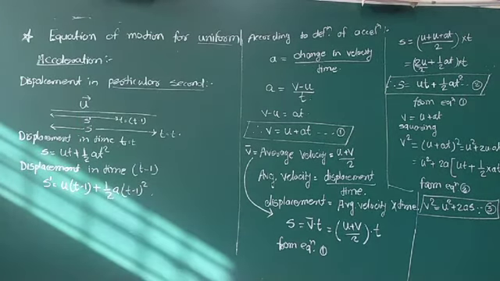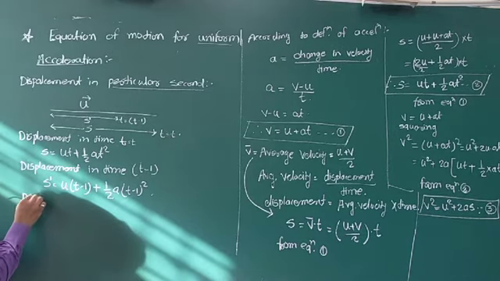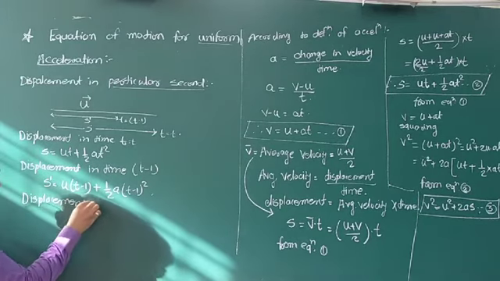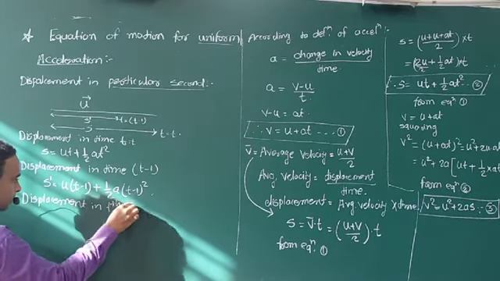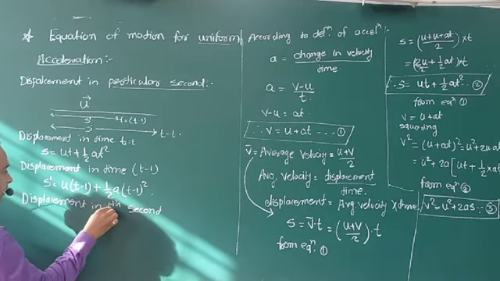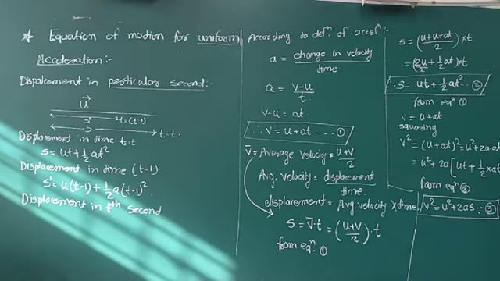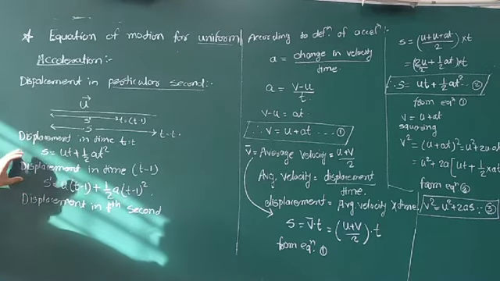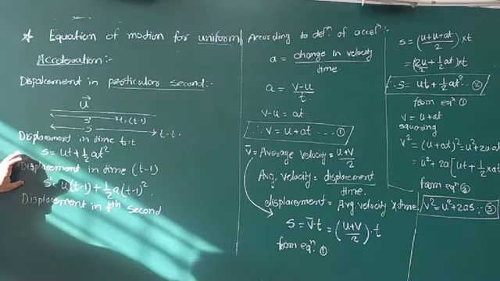Now we want to find the displacement in the t-th second. T-th second means at a particular second. Suppose this is the displacement in 10 seconds, and this is the displacement in 9 seconds.